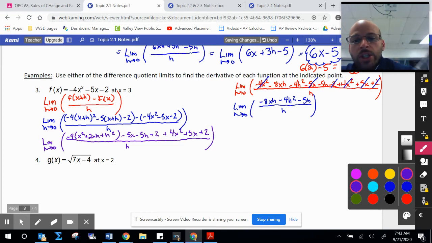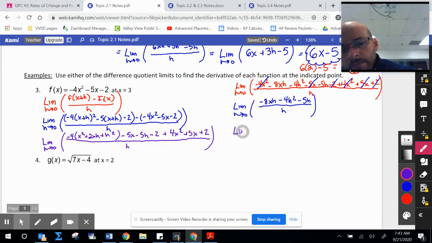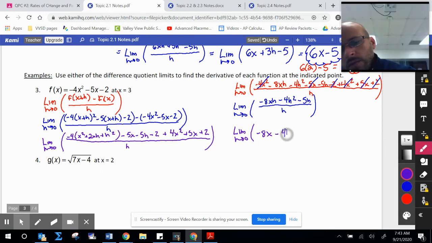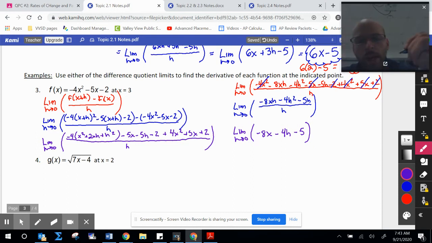I'm going to divide an h out of each term, which gives me negative 8x minus 4h minus 5.